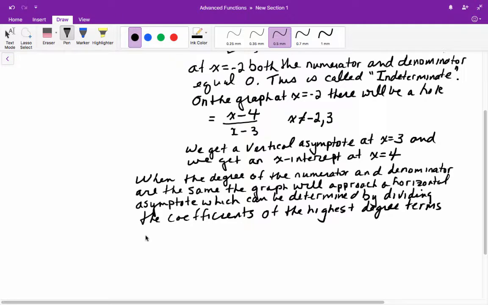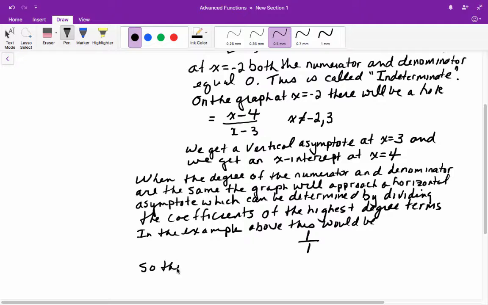In the example above, this would be one divided by one.